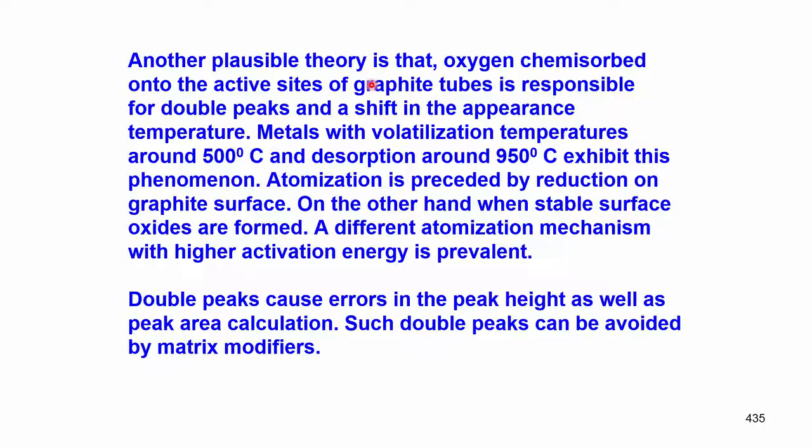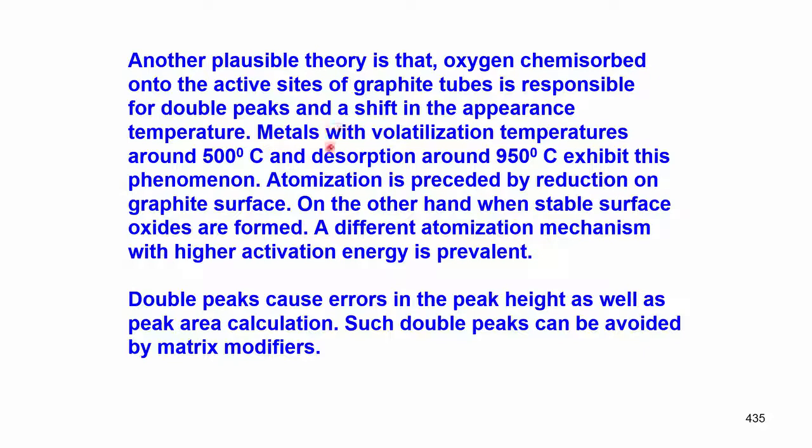Another theory has been proposed that oxygen chemisorbed onto the active sites of graphite tubes could be responsible for double peaks, and there may be a shift in the temperature also. So, metals with volatilization temperatures around 500 degree centigrade and desorption around 950 degree centigrade exhibit this phenomenon.